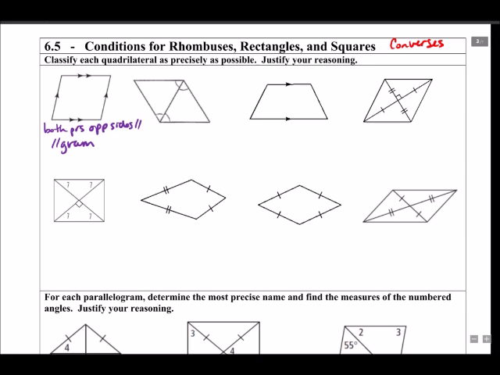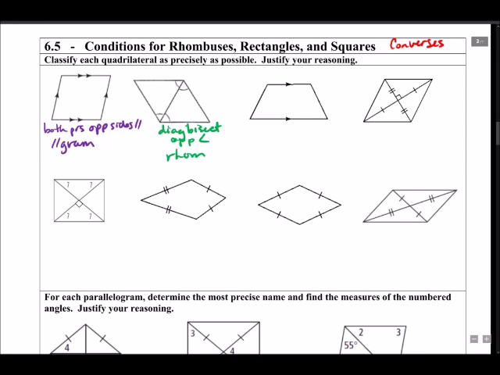And next in line, let's see, well, diagonal bisects opposite angles. Who does that? That is a rhombus.